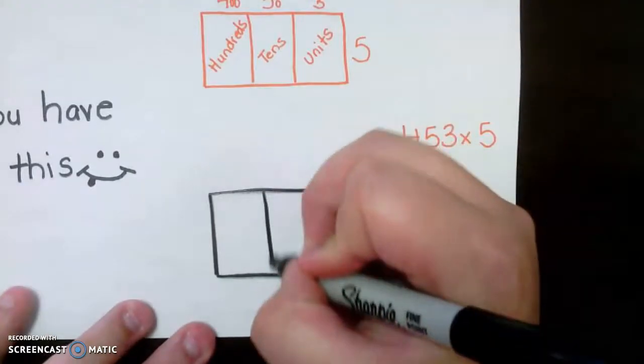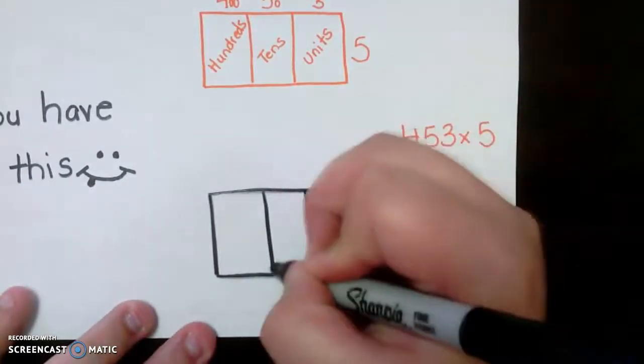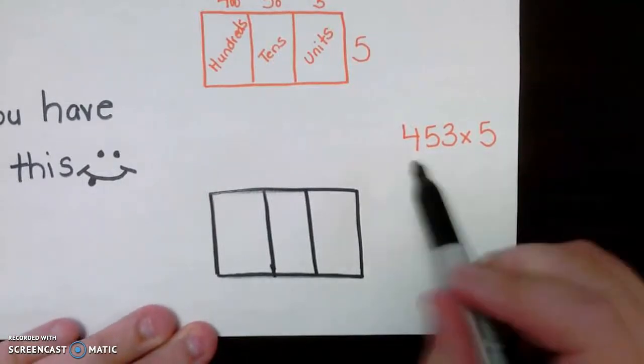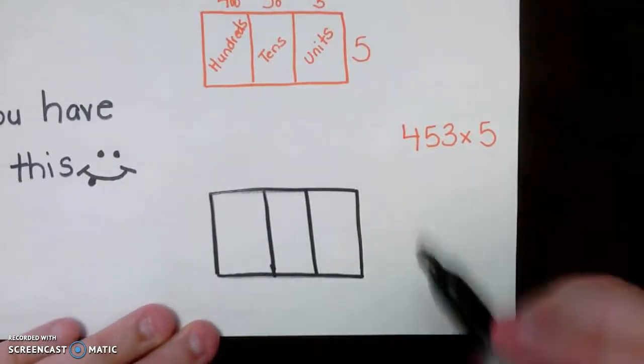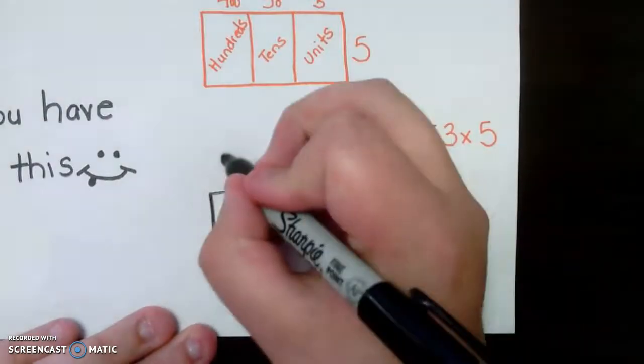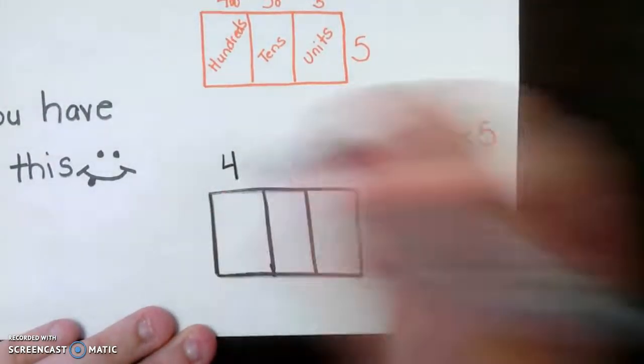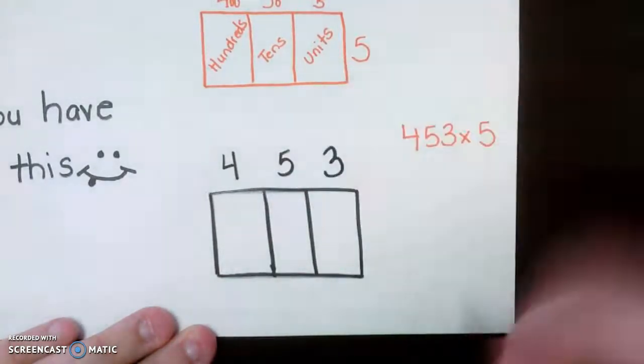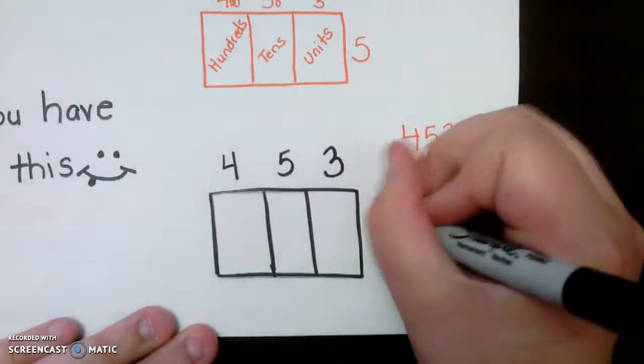So we are going to split this box, make it look like a flag. There we go. Now we're going to start by jotting in the 453. So we're going to start going over here. We have 4, we have 5, we have 3. And remember over here, we're multiplying it by 5.